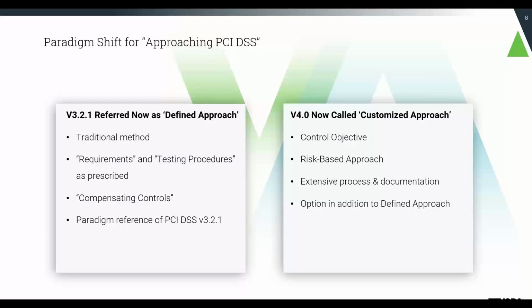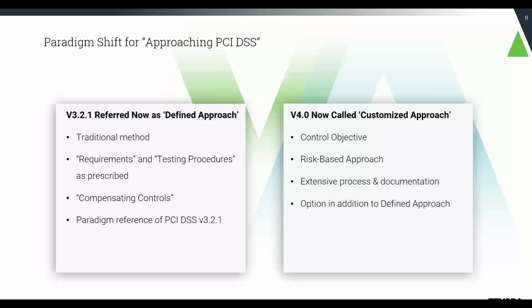But the key point here is that it's a risk-based approach that does require extensive process and documentation that is pushed over to the responsibility of the assessed organization rather than the external auditors. There's a good amount of work that needs to be done, documentation and process-wise, to maintain customized controls. But just know that this is an option in addition to the defined approach.